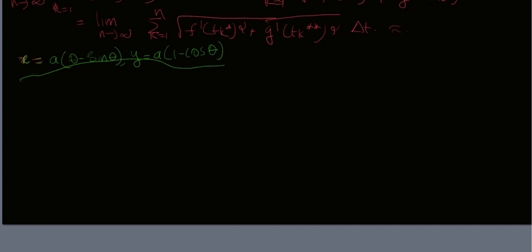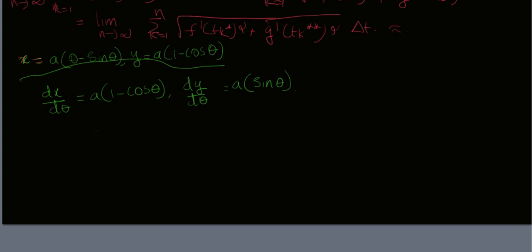How will you do this? First of all, we have to find dx by d theta, that's equal to a into 1 minus cos theta. And dy by d theta is equal to a into, the derivative of cos theta is minus sine theta, that is a into sine theta.